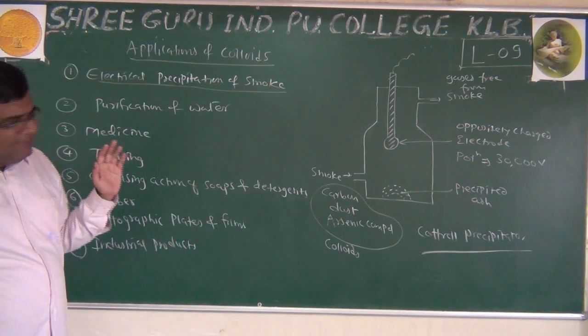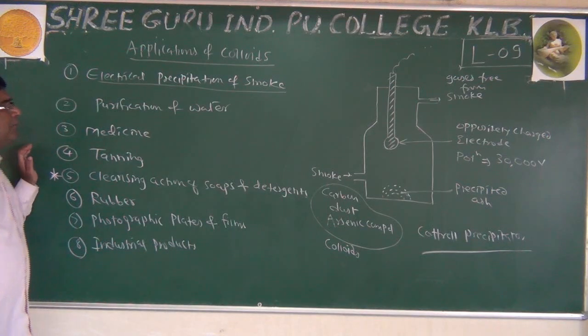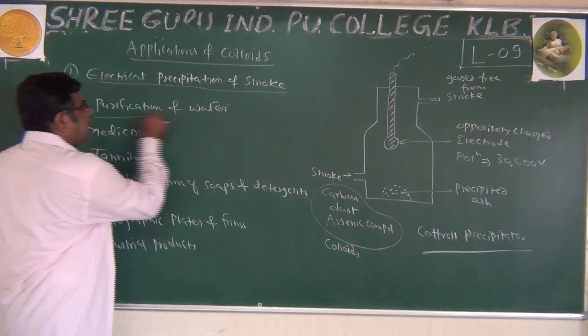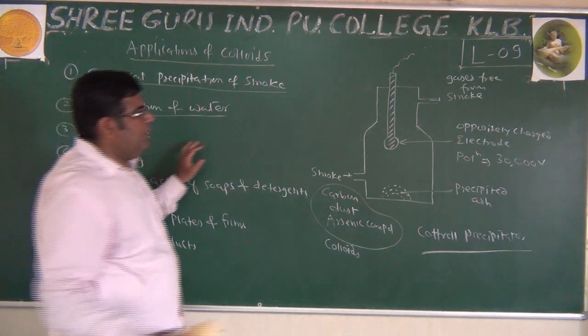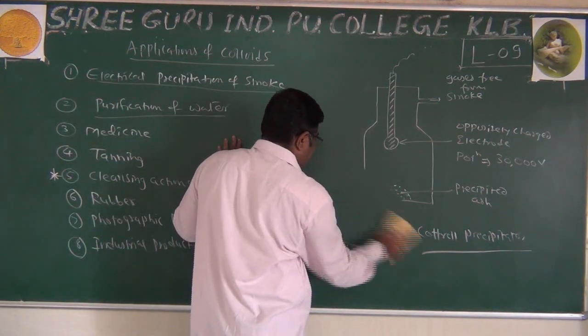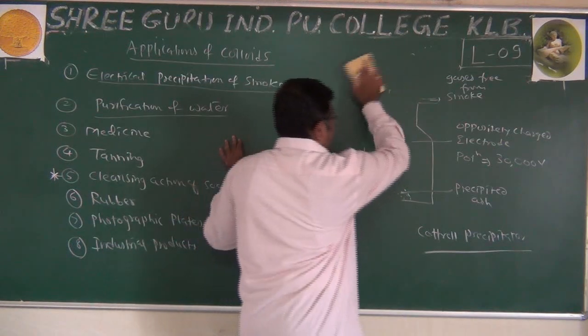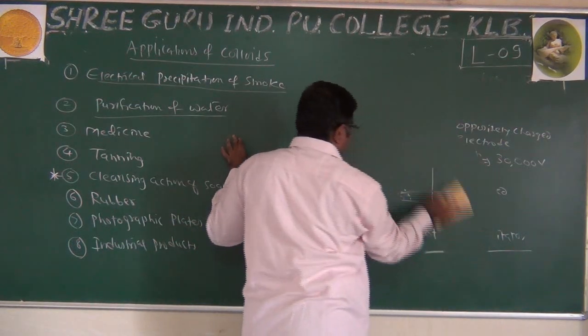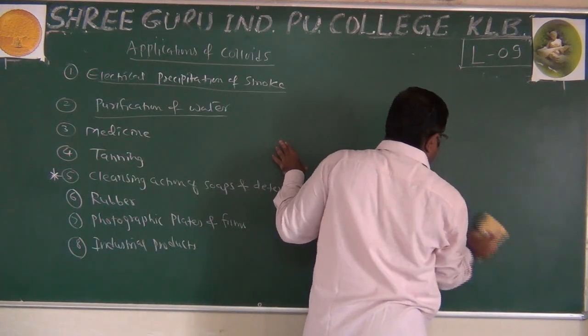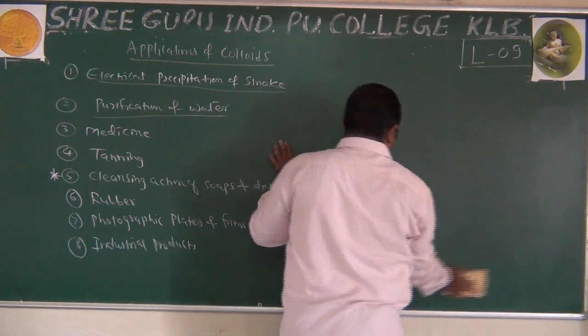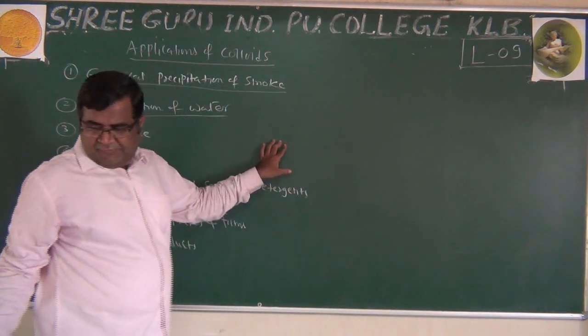Maximum 2 marks. The next is purification of water. The diagram is drawn in notes and textbook. You can refer to that. You can write more sentences, that doesn't matter because the description is not much complicated.